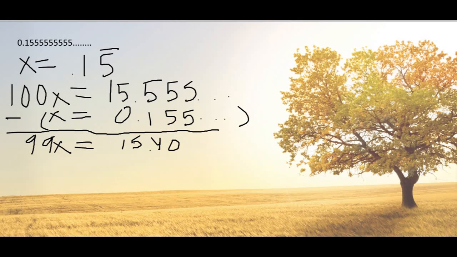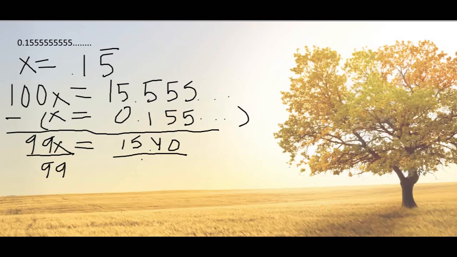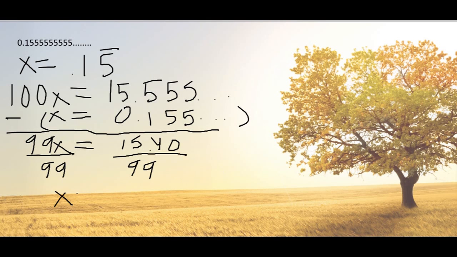So if we divide both sides by 99, we're going to get x is equal to 15.4 over 99. Well, that's not a very nice fraction.